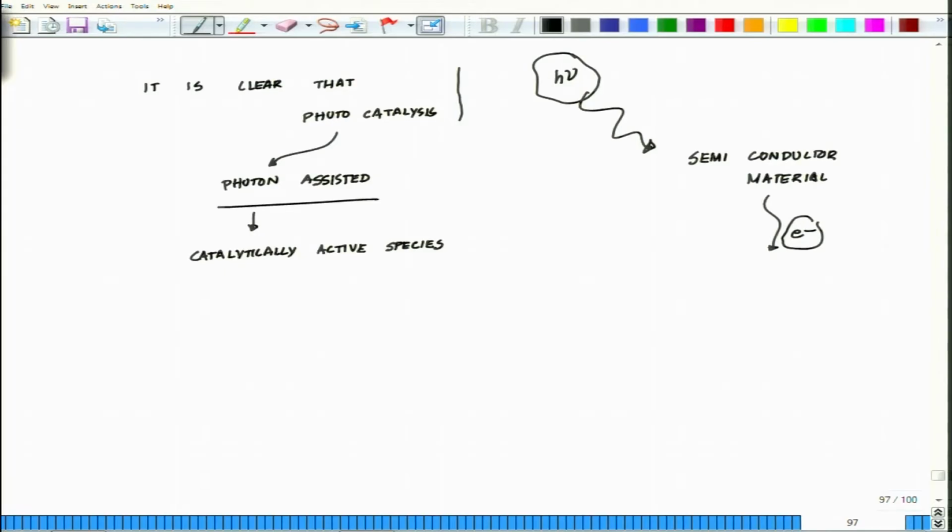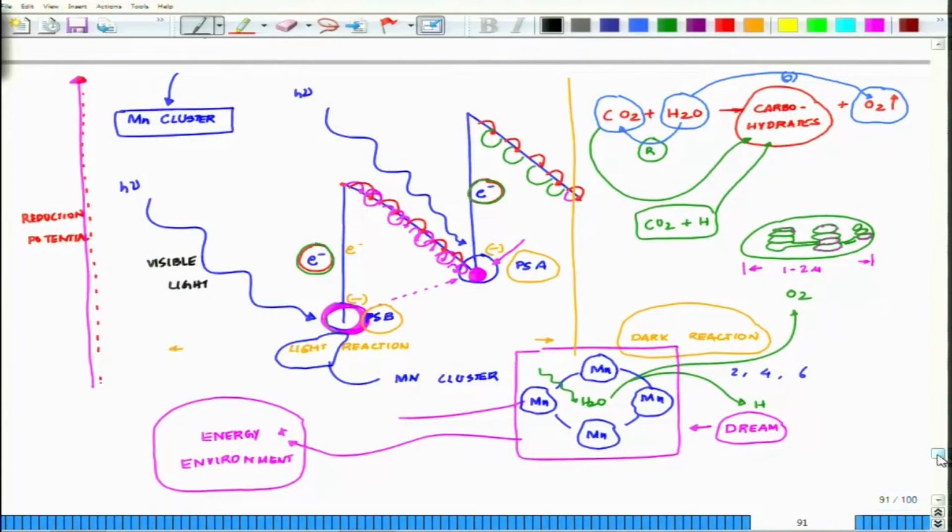It could be provided by something else also, it may be heat also, it could be something else also. Okay, but the semiconductor material needs that small amount of energy to ensure that it generates an electron. Why is this important? If you go back to when I was talking about photosynthesis, exactly the same thing. It is visible light which is providing the energy to happen.